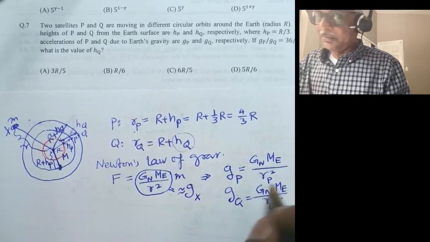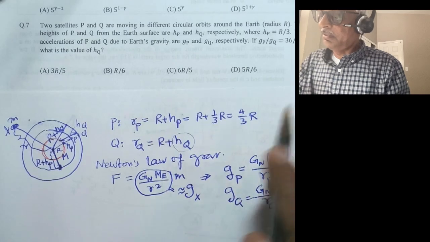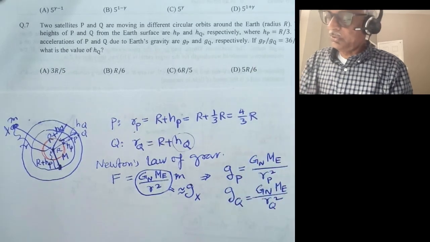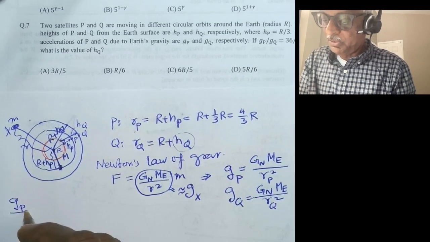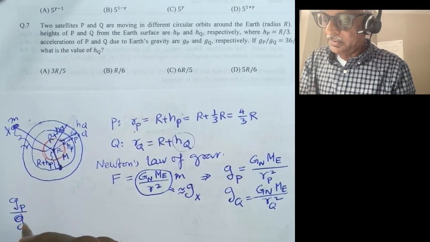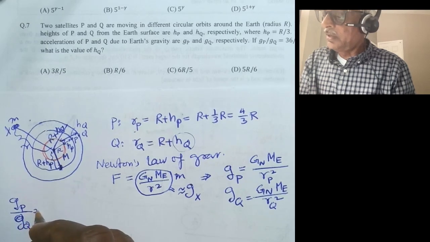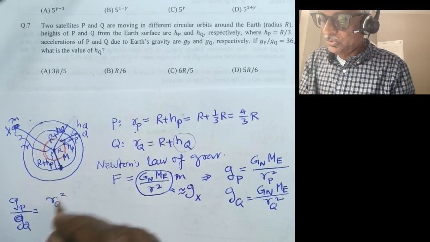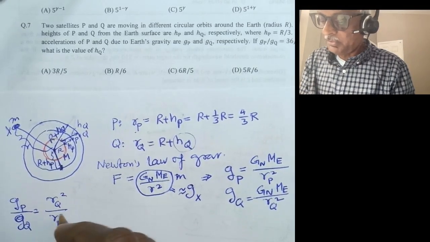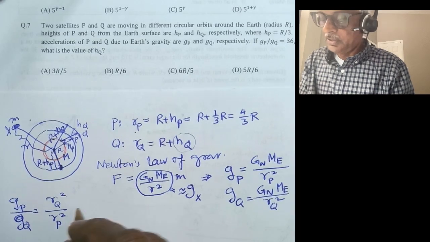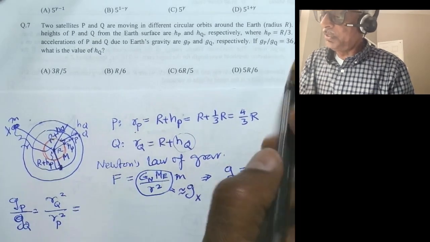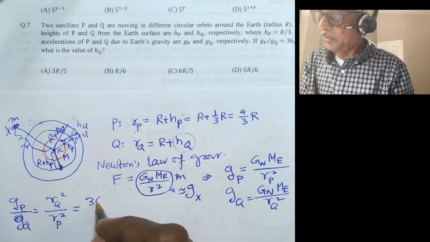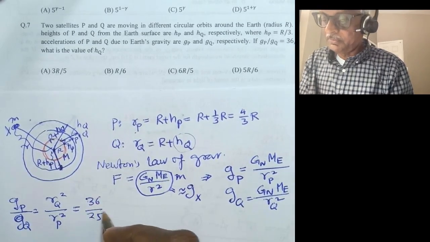And using this, the ratio of these two is given. So gP over gQ is RQ square over RP square, and that's given to be 36 over 25.